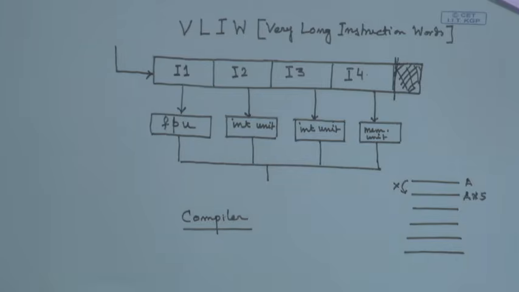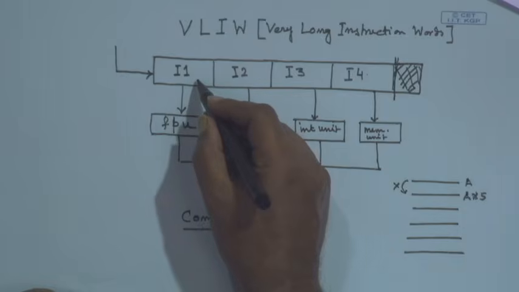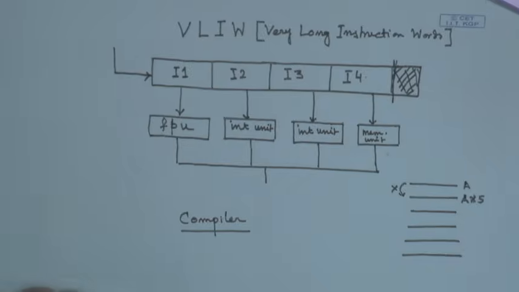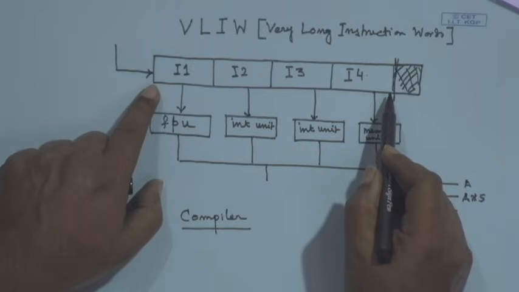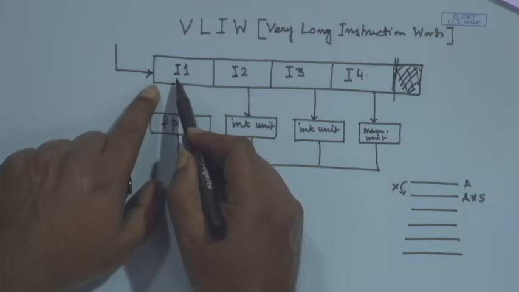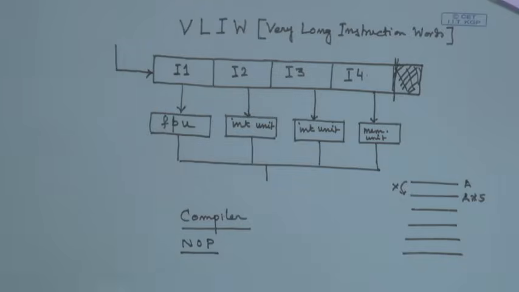For example, suppose I do not have a floating point operation in my code, but in my instruction sequence there is a floating point slot. So the compiler will have to fill this part up with a no op, no operation.